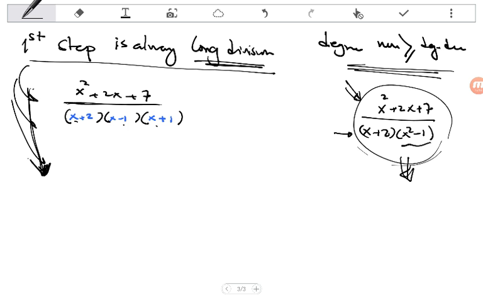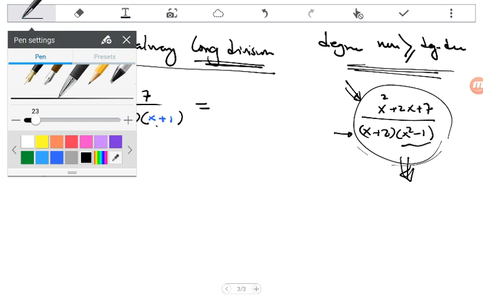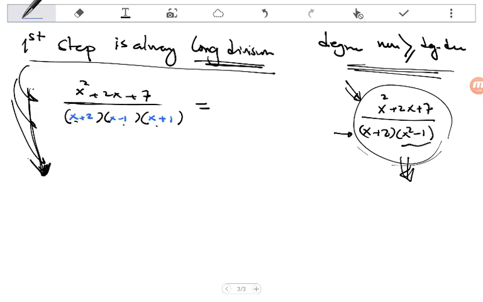The second step is to assume the form of the fractions. And this is a very important step to make the assumption correctly. What is the assumption here?